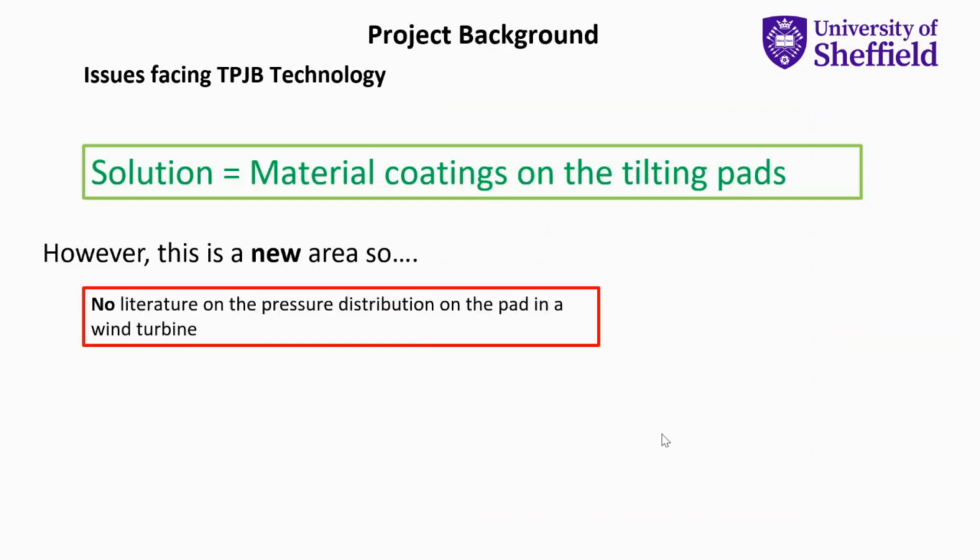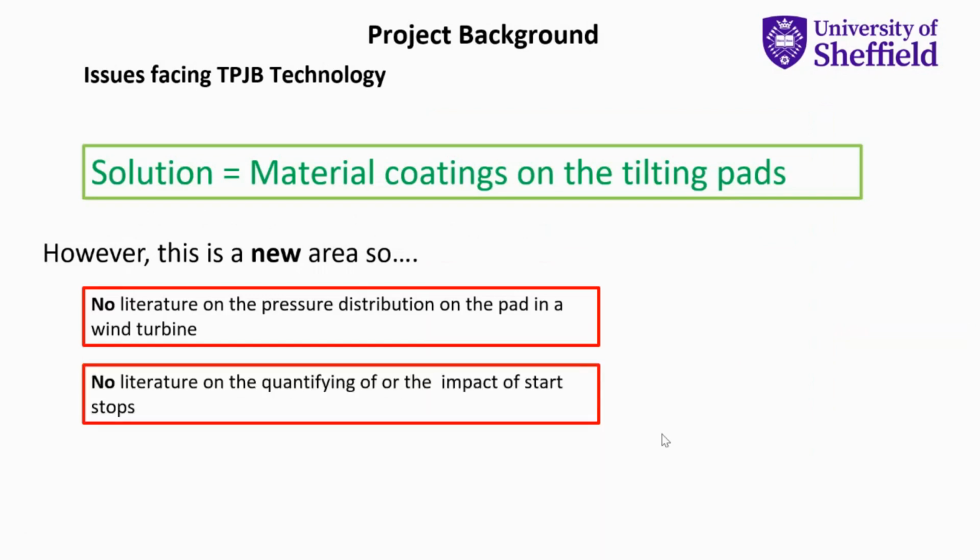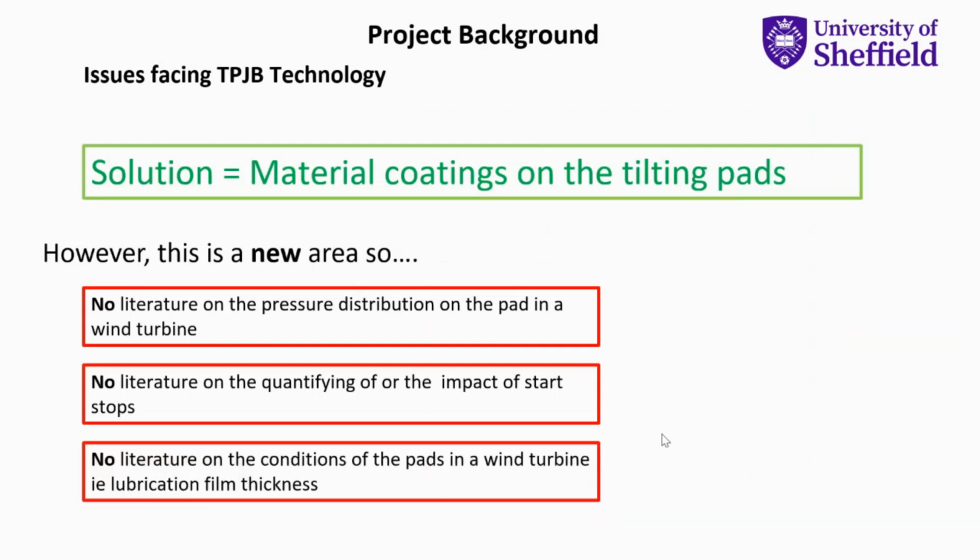So there isn't literature on the pressure distribution on the pad and the wind turbine, or quantifying of the impact of start-stops, or the conditions of the pads in the wind turbines, like the lubrication film thickness. So also that is the conditions experienced to tell us which lubrication regime it's in.